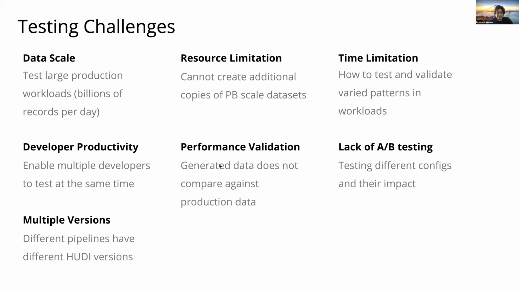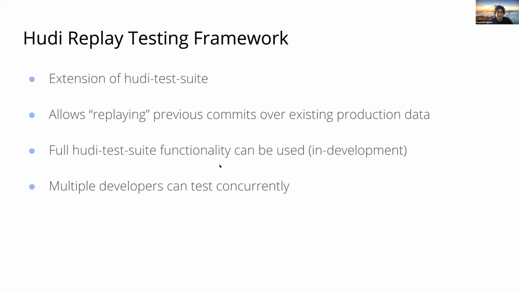So in the 0.7 release, to deal with many of these testing challenges, we created a new testing framework which we call the Hudi replay testing framework. It's an extension of the Hudi test suite, which already exists in Hudi. This allows taking existing commits on production data sets and replaying them back onto the same production data sets in a non-destructive manner. In this way, we take realistic data, which is already going into our production.